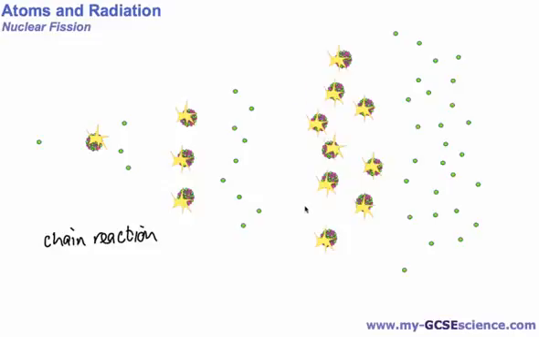Now this is a reaction that could go out of control, but it has to be controlled, and therefore the amount of neutrons that are released are usually either increased or decreased in the reactor using substances that can absorb these neutrons if the reaction is going too fast, and if the reaction is going a bit too slow, those substances can be removed to allow more neutrons then to go off and cause these fission reactions.